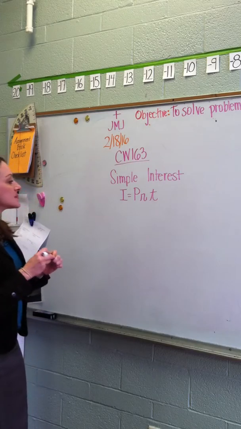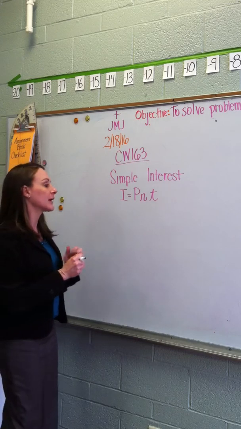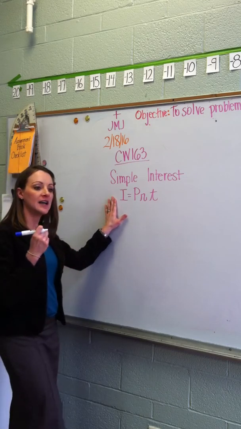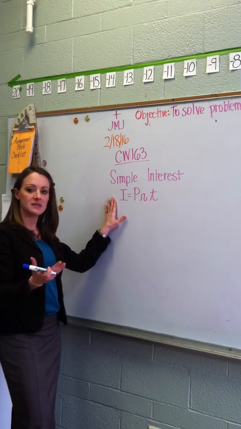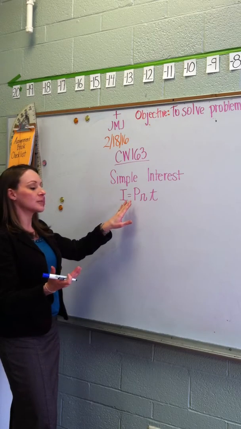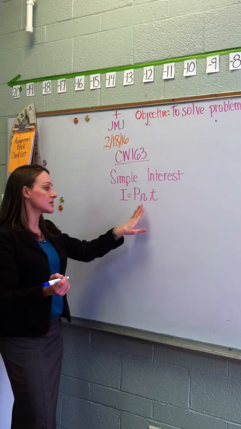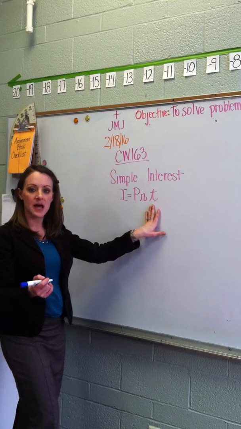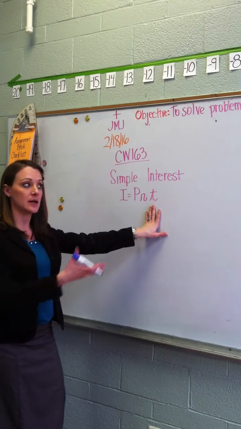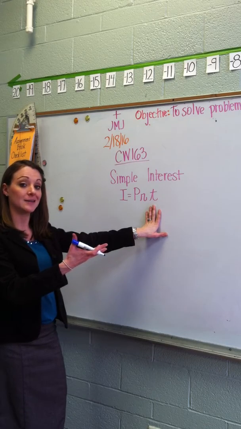Let's talk about simple interest just to recap really quick. You find simple interest on an investment by taking your principal amount, which is your investment, multiplying it by the rate, and then the time. Let's use this example because then we're going to compare it to an example with compound interest.